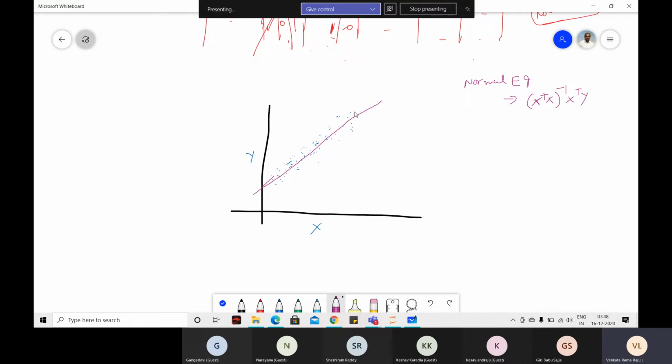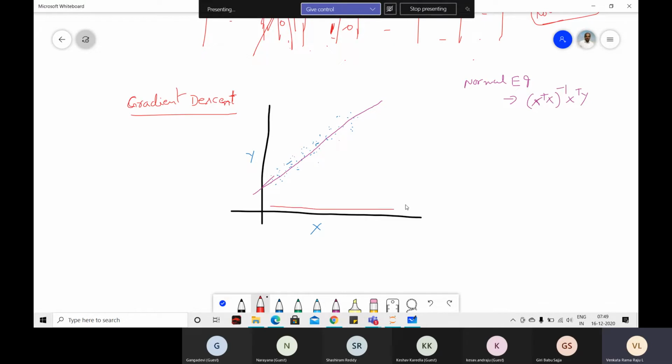But in gradient descent, now we are trying to understand how it works. Why we call it gradient and gradient descent, I'll explain. In gradient descent, it randomly draws some line in the space.